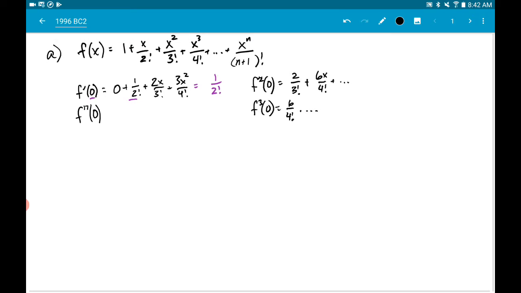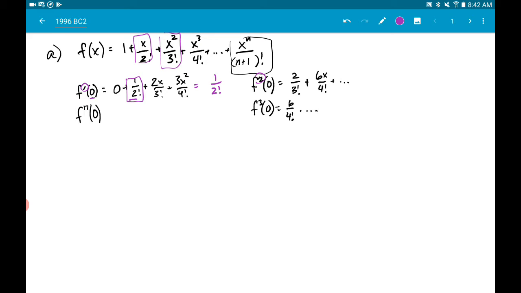And so if you look at this kind of nth term and you think about what would happen with the pattern here? The first derivative, the only thing that was left over was the constant for the first term. The second derivative, the only thing that was left over was this.